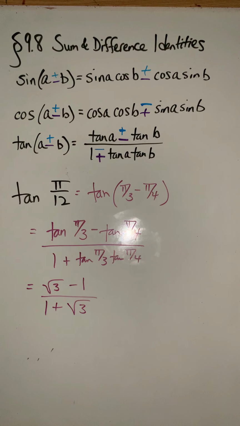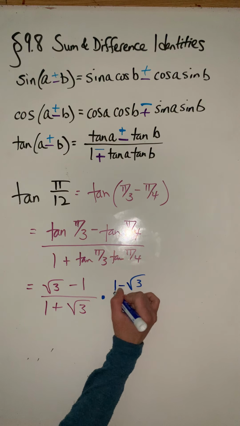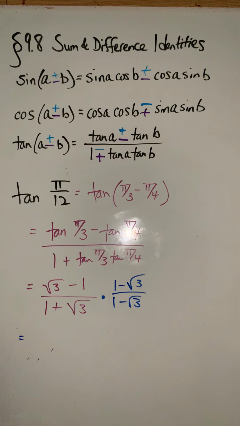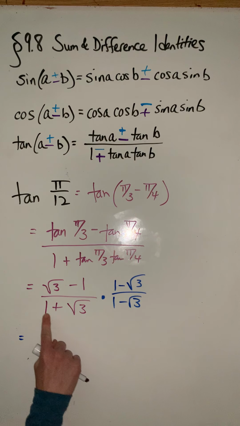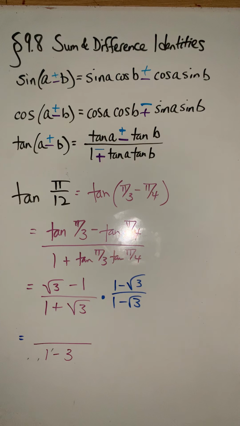So the problem is we still have a radical in the denominator, and we need to get rid of that radical from our denominator. In order to do that, we will multiply both the numerator and the denominator by the conjugate of the denominator. So if we multiply the denominators together, remember that this will just become 1 minus 3.